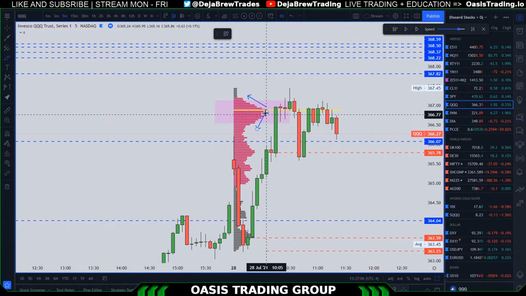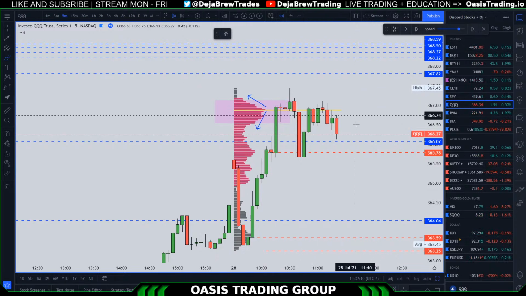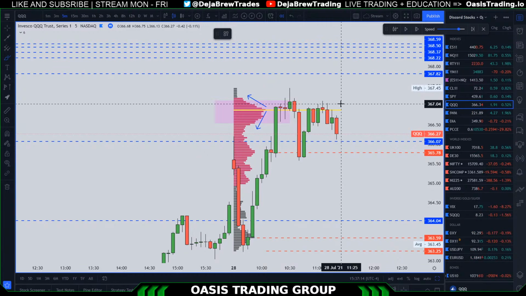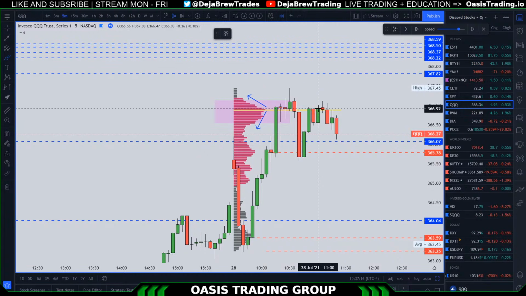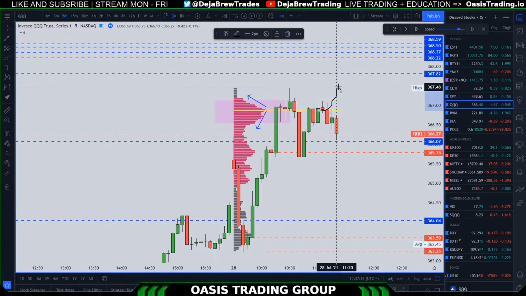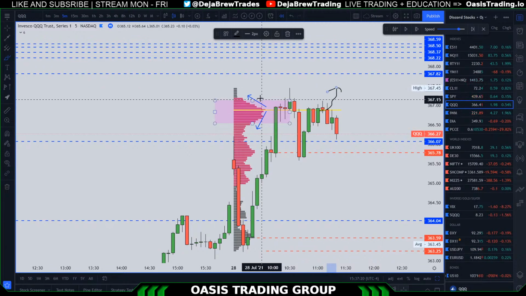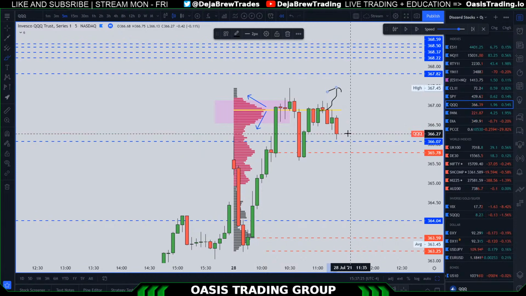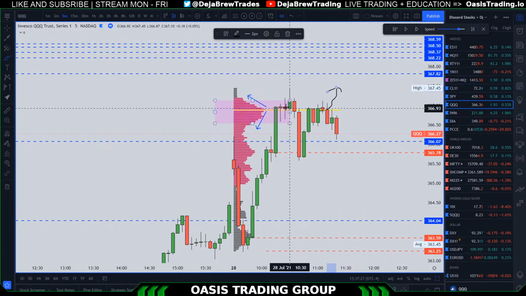But understand that the volume starts to fall off towards the lows and towards the highs. So when you're looking at price and you're like, okay, is it losing the node or is it using the node as support? When it starts to push where the volume is falling off, that is it gaining the node or losing the node. So I'm trying to make this as clear as possible.